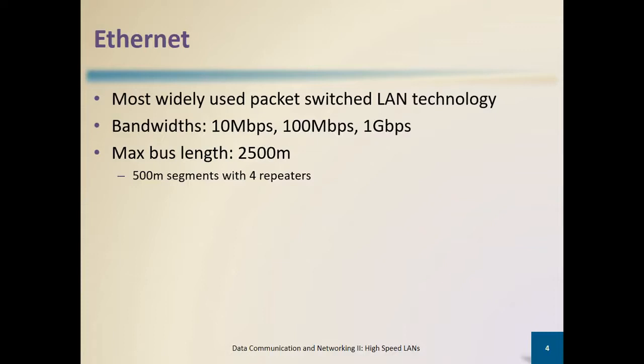Obviously within 2,500 meters, you can repeat it 5 times, right? But to get optimal transmission, ideally it's in segments of 500 meters. So after every 500 meters, ideally, you should introduce a repeater.